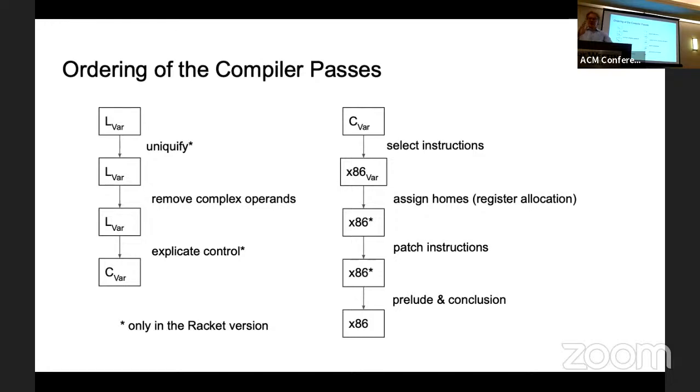We do have an interpreter, and this is an important point. Right after select instructions, if you look at those programs, they're x86 code, but they still have variables. So you can't run those natively on your computer yet, and we have an interpreter you could run instead.